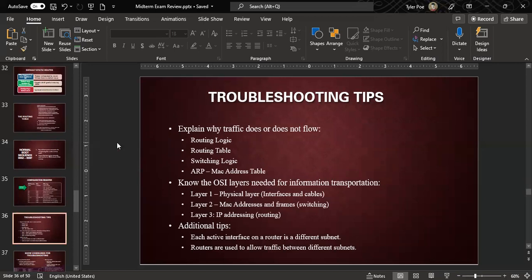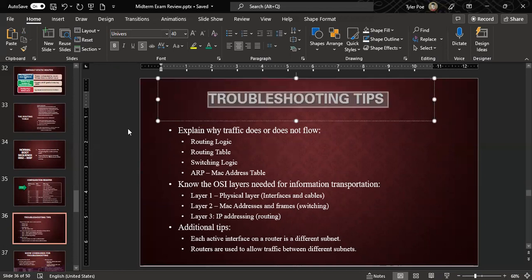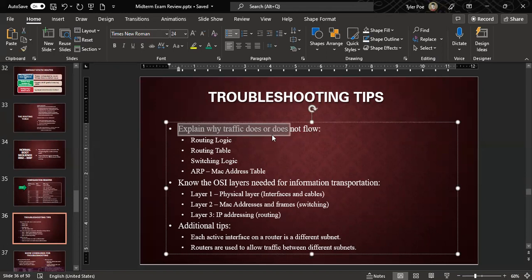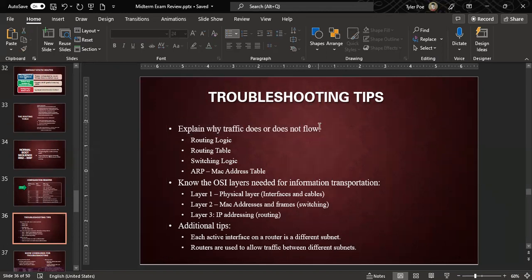So here are a few troubleshooting tips. This is important. You will have a troubleshooting question in the exam. Actually, technically we have two troubleshooting questions in the exam. When you think about troubleshooting, you want to have a certain process. For example, you want to be able to explain why traffic does not flow.